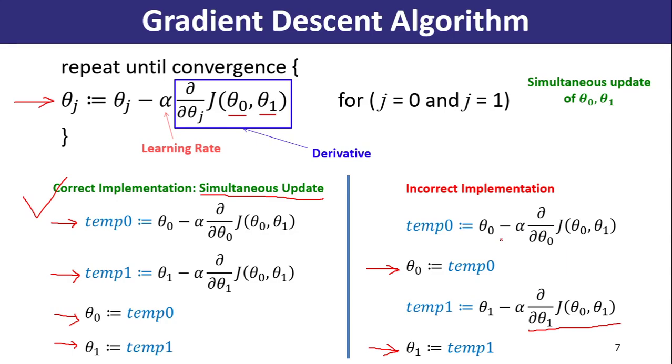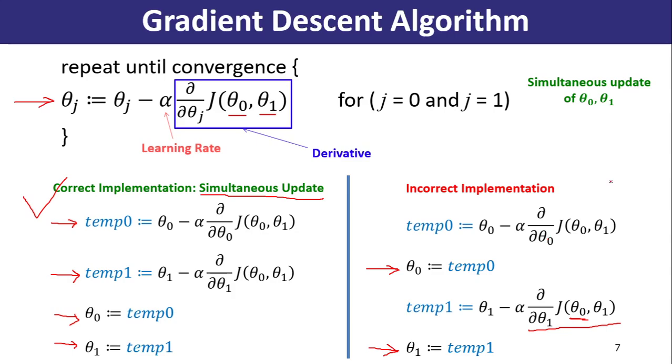But as we have updated this theta 0 value before computing this partial derivative with respect to theta 1, the theta 0 that is used here is the updated value and not the original one, and that is why this kind of implementation is incorrect, and this is not the simultaneous update.